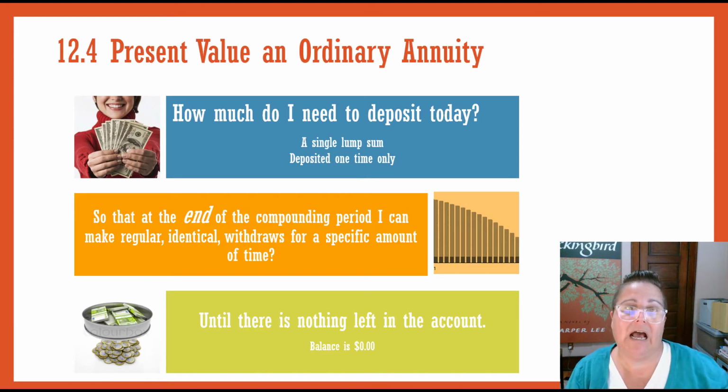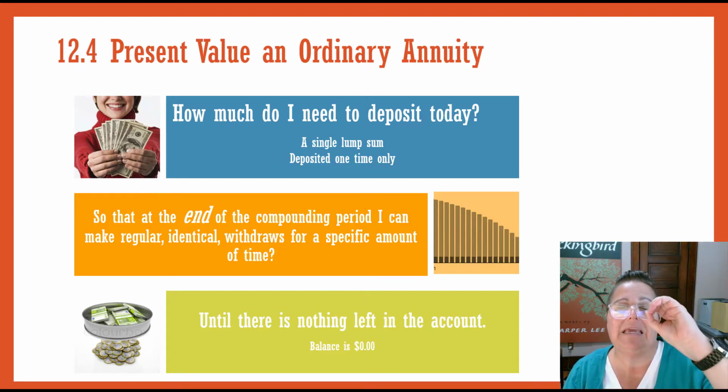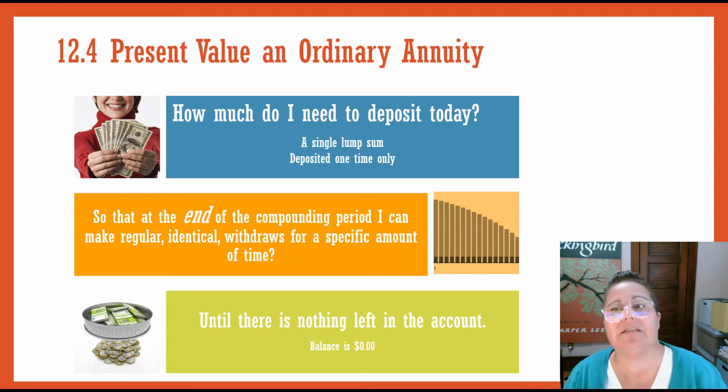So over time, you are going to collect regular payments from that account. Those payments will occur to yourself or to another person, I guess, on a regular basis. They will be consistent in the amount and in the time. Eventually, your last payment will drain the account so that its balance is zero.